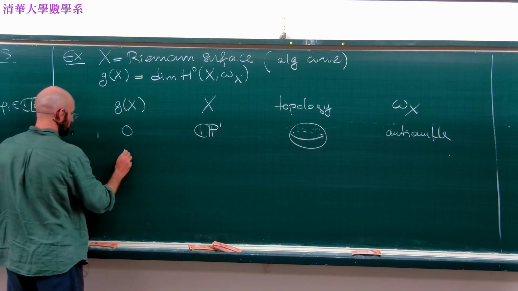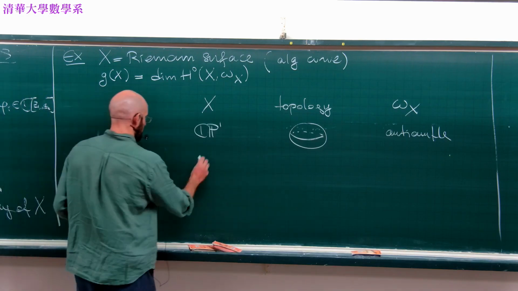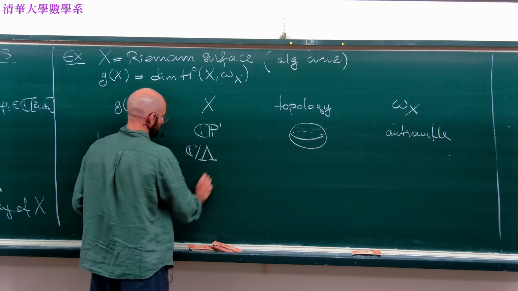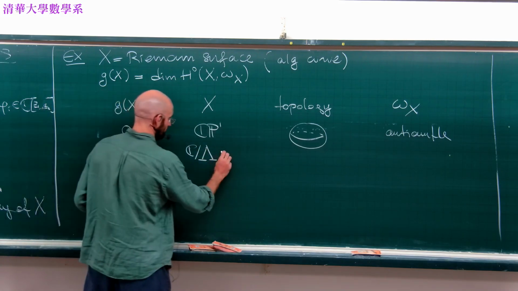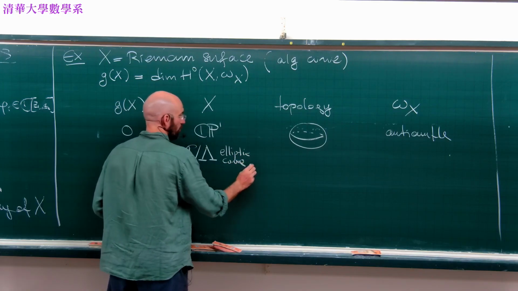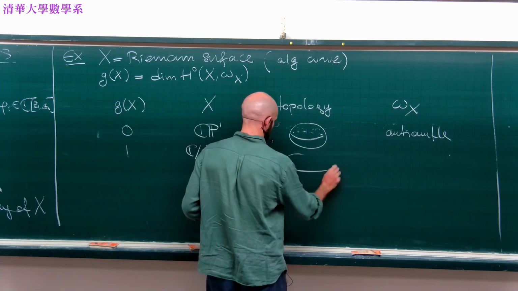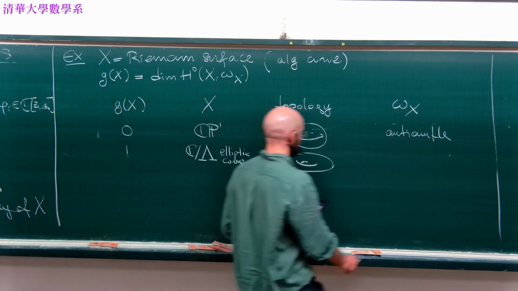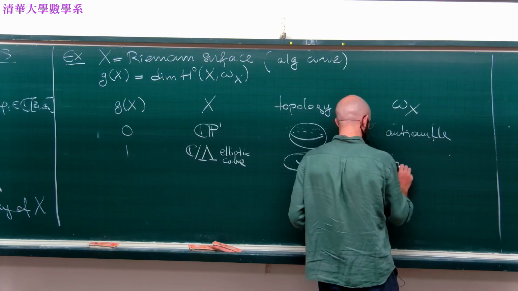When the genus is equal to 1, we have elliptic curves. Over the complex numbers, this is just C modulo a lattice, and topologically, these are nothing but a donut. In this case, omega X will be trivial.